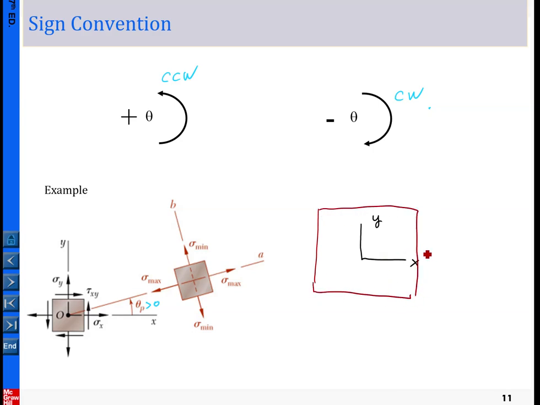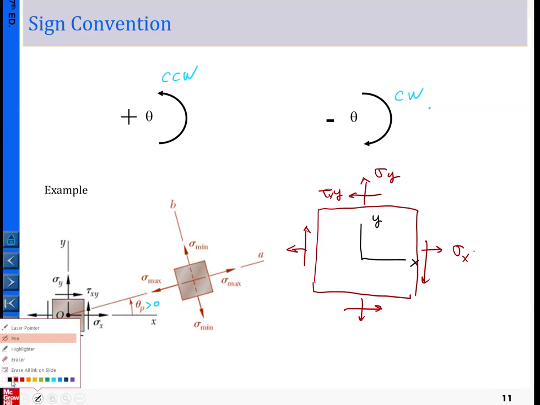Around the stress element, using the combined loading skills, we should be able to determine the magnitude of the stress element, for example, like this. From this moment onwards, we begin to do the transformations.